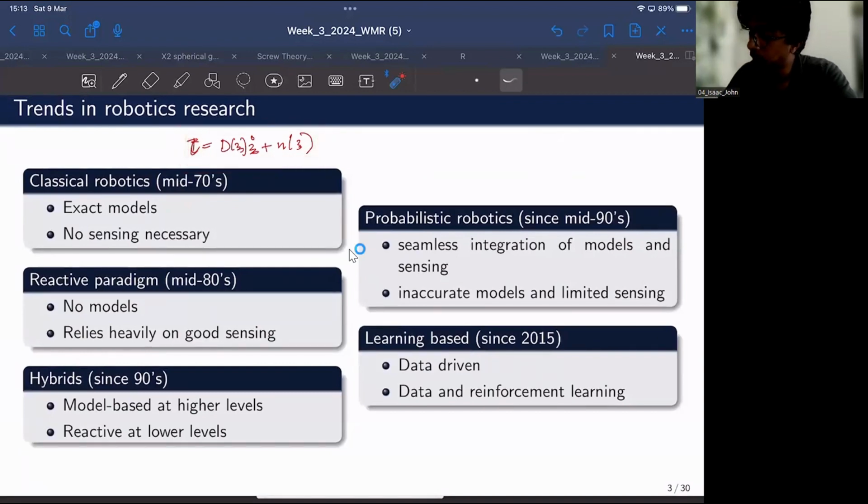Then during the 1980s, it actually pivoted to an entirely different scheme. Now it does not even rely on models. So controlling a robot, we never actually considered the models at all. It only relied on sensing.